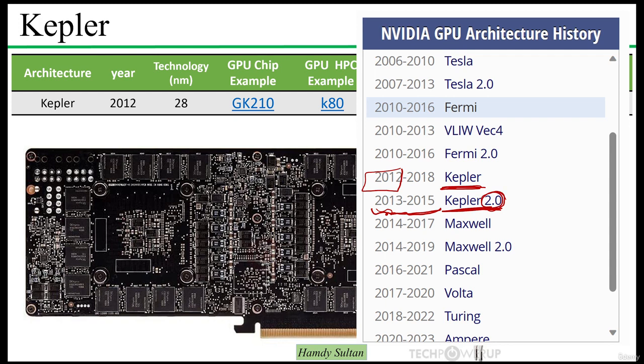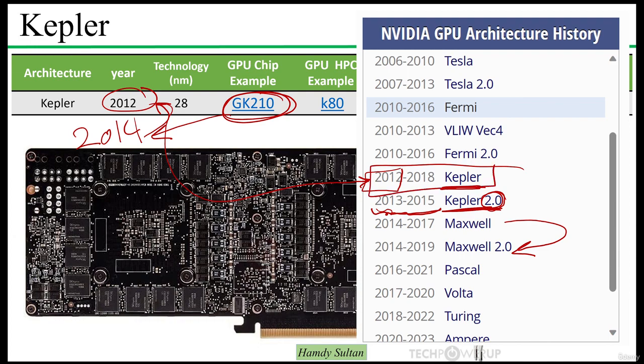You can observe that the same thing happened with the Maxwell architecture. This is why when you open the Tech PowerUp website to look at the GK210 chip, you will find that it was released in 2014, which differs from the 2012 provided in the table. The release date in the table is for the first version of this architecture.